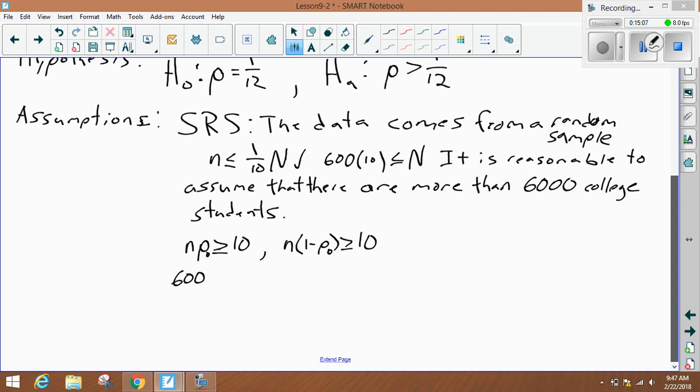So 600 over 12, essentially, greater than 10, check. How about 600, oops, we're going to multiply, we'll go with 600 times 11 twelfths.